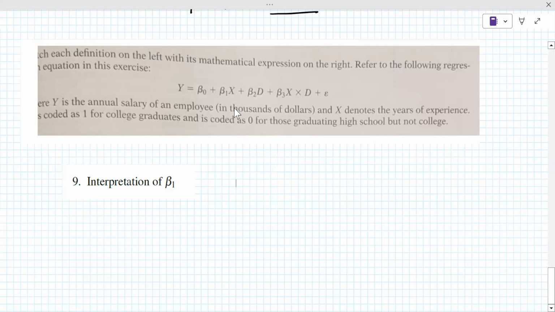B2 is the difference of intercepts. So it's taking the slopes of E(y|x, d) when d is 0, and the same thing when d is 1. And then B3 is the difference of slopes between those two betas.